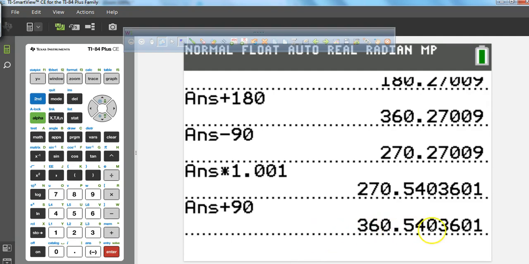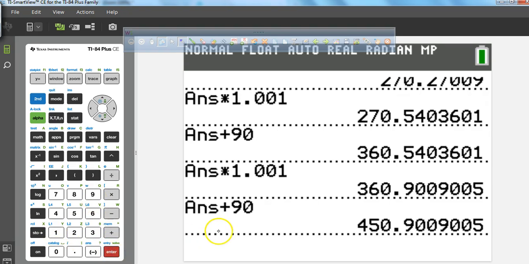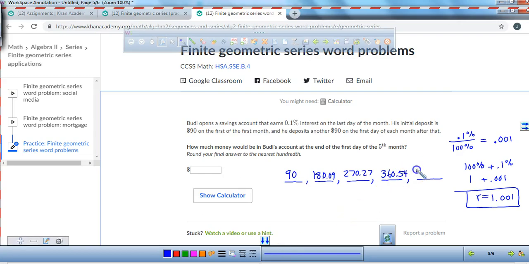We take 360.54, multiply it by 1.001, press enter, and then add another 90 to it and get 450.90. Write that down.